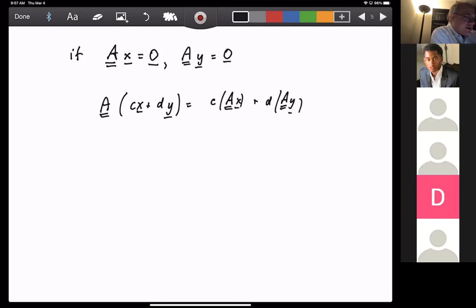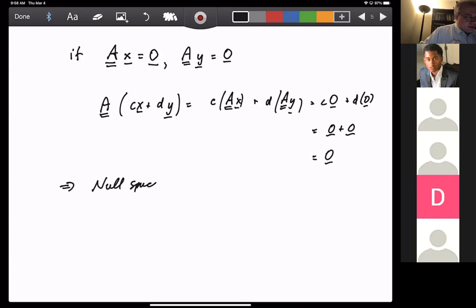And Ax and Ay are 0. So notice when two vectors are in the null space of the matrix, any linear combination of them is also in the null space of the matrix. So the null space of a matrix is a subspace.